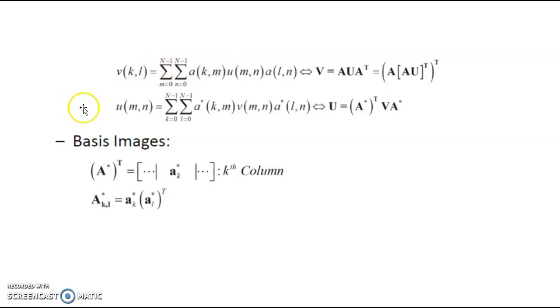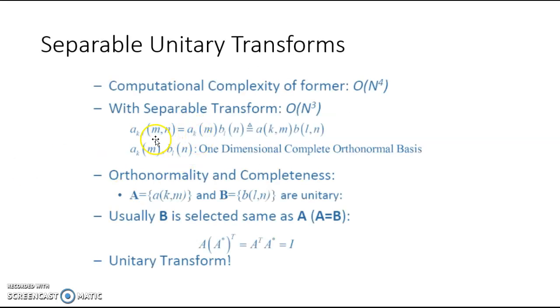we can rewrite the expression for V_KL. In my expression I have A_KL,MN, and here I split that into two. I write it as A_KM into U_MN into A_LN. That is, A_KL,MN I split into A_KM into B_LN, and here I use A and B as the same, so A_KM into A_LN.